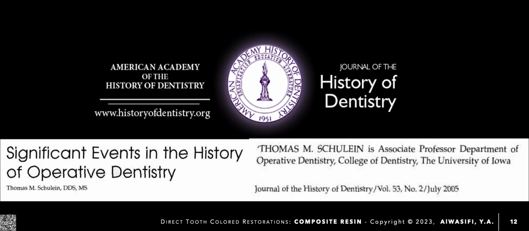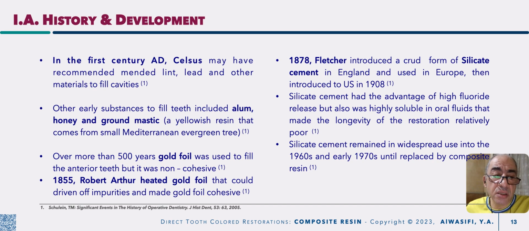In this article titled Significant Events in the History of Operative Dentistry, published in the Journal of History of Dentistry in 2005, the story started as early as the 1st century by Celsus, who recommended mended lint with lead to be used to fill the anterior teeth cavities.